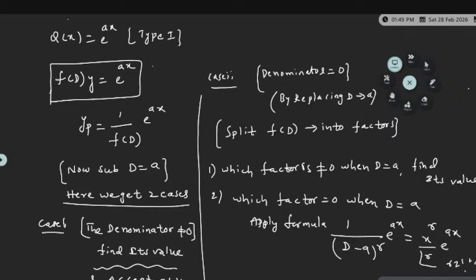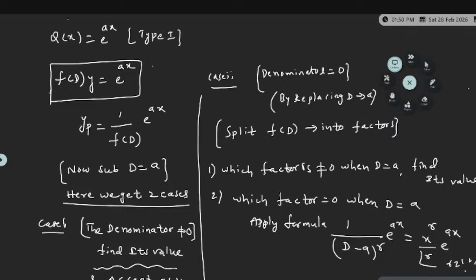When you replace D equal to a, it falls under two cases. What is case one? The denominator, find its value. If the denominator is 0, then you must split f of D into factors.